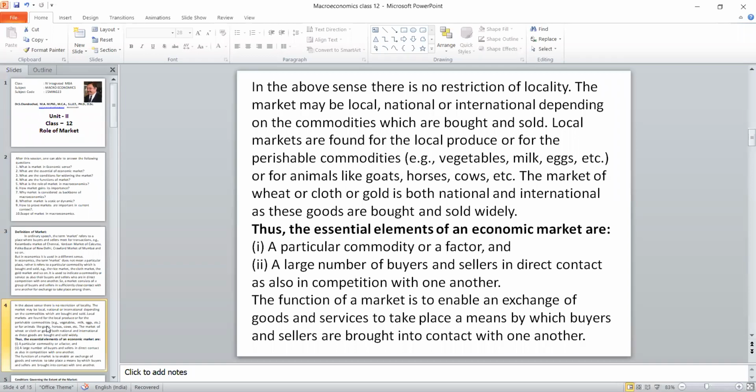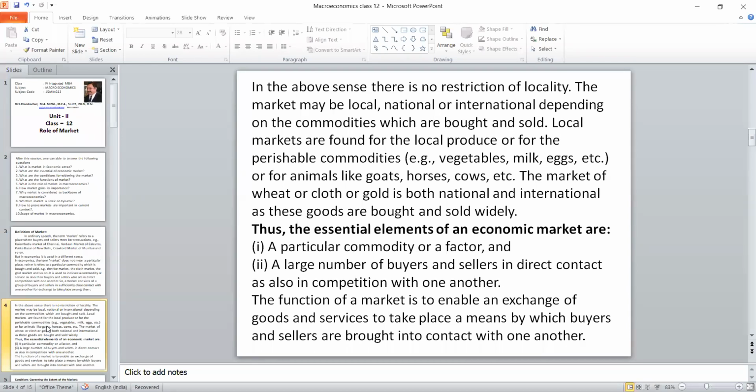But most of the time, the local market is found in the local place. All perishable products have local markets only because of perishability. It is very difficult to transport. The maximum lifetime of a vegetable is 1 or 2 days only. So the market for milk, egg or vegetables will definitely be a local market only.